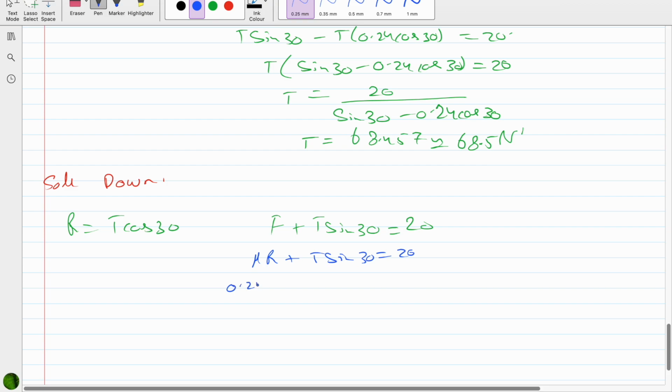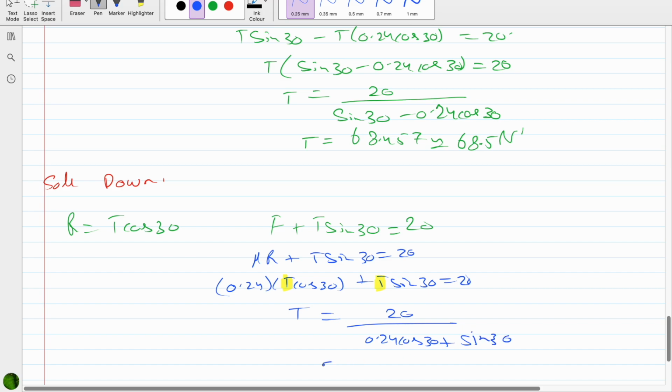Mu is 0.24. R is T cos of 30, plus T sine of 30 is equal to 20. I'm taking out this T common and dividing everything else on the other side. So T is equal to 20 over 0.24 cos of 30 plus sine of 30.